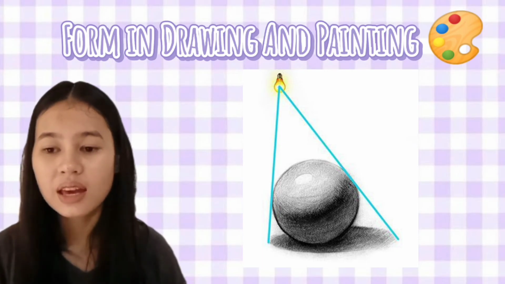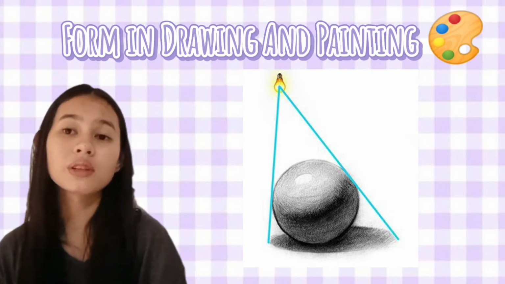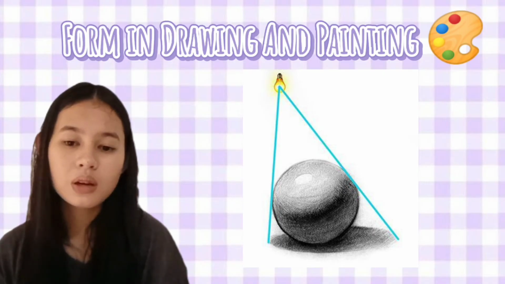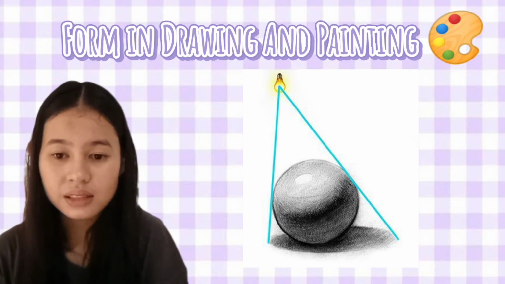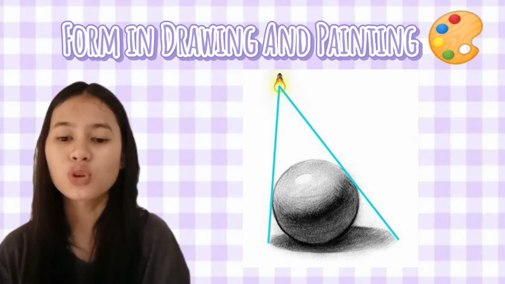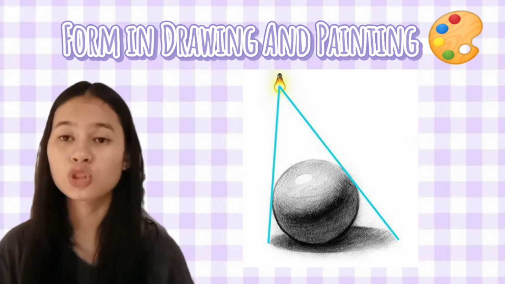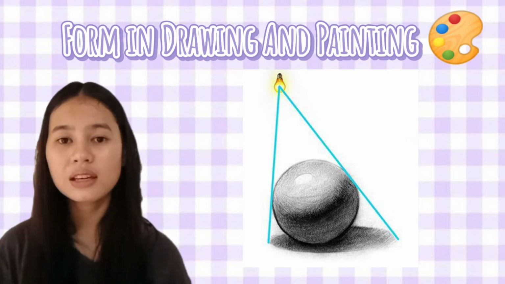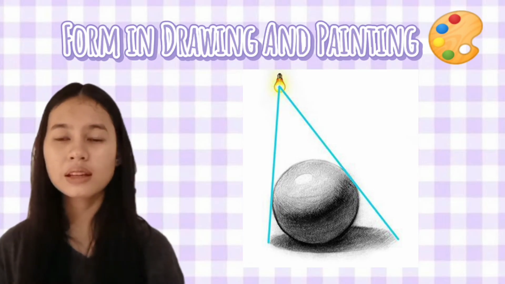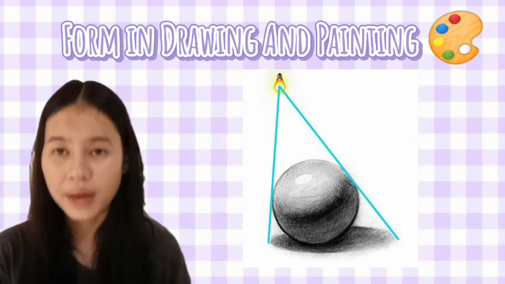Reflected highlight is the light that is reflected back up onto the object from the surrounding objects and surfaces. With these guidelines as to light and shading in mind, any simple shape can be drawn or painted to create the illusion of three-dimensional form. That is how we can see form in drawing and painting.